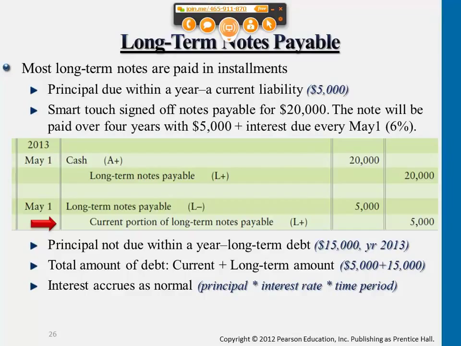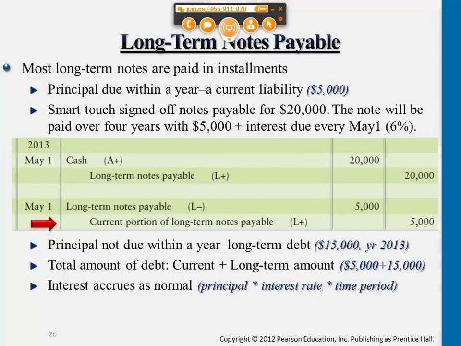At the end of the first year, you'll be paying 1/4 of the $20,000, $5,000 after the first year, another $5,000 after the second year, another $5,000 after the third year, and then the very last year also the additional $5,000. This $5,000 that will be due immediately the following year is, in a sense, not long-term notes payable, because it only has a lifetime of 1 year.